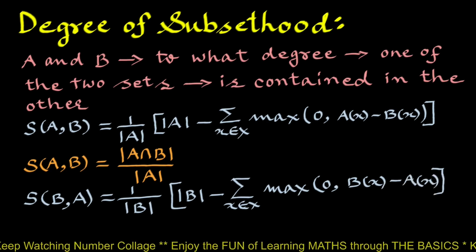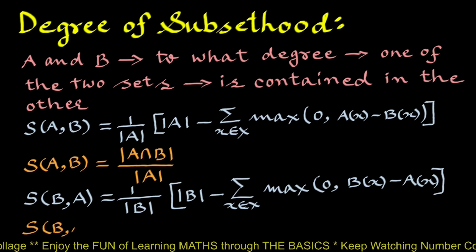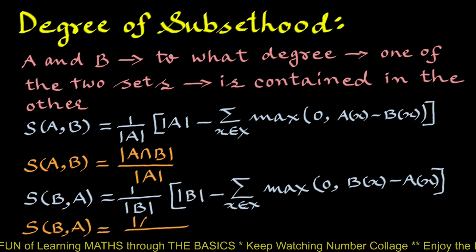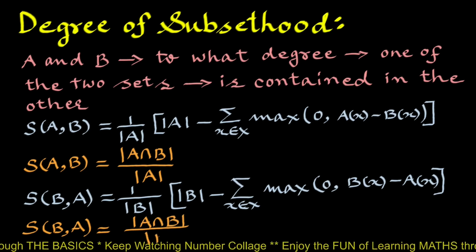This can also be found by a simple formula S of B in A equals scalar cardinality of A intersection B upon scalar cardinality of B.